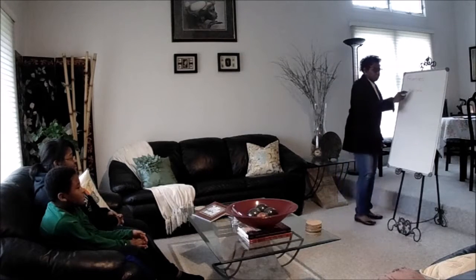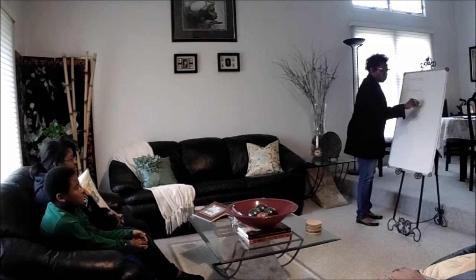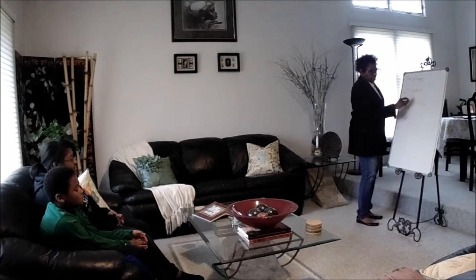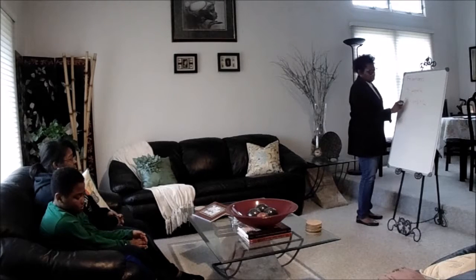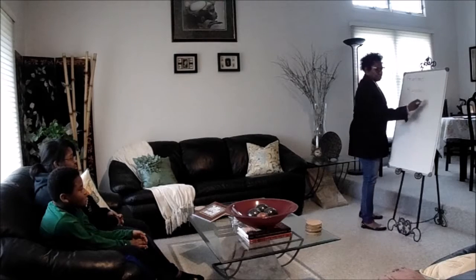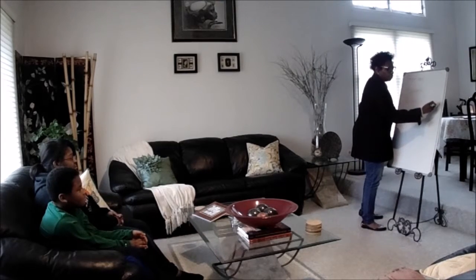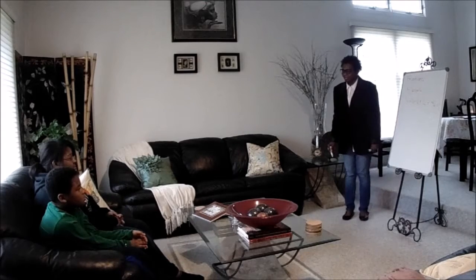Because you have 4 people, each one is a fourth, right? And this makes up a whole family. The numerator is different, in this case 1, 2, 3, 4. The denominator stays the same. So that means 4 people out of 4 equals a whole family. Does that make sense?